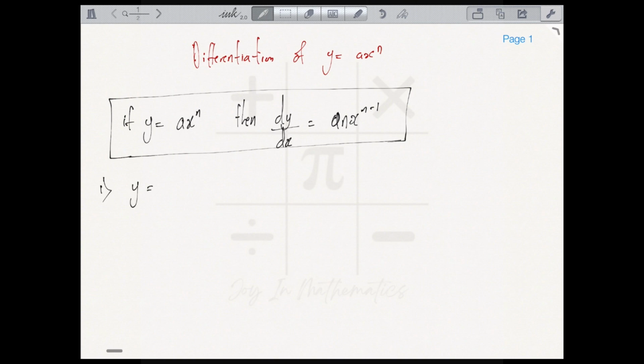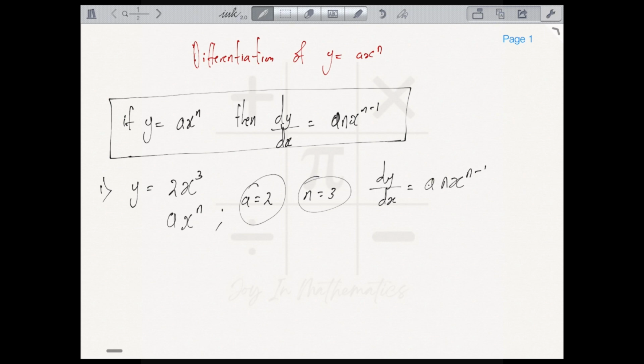Say we have y equals 2x raised to power 3. Comparing it to ax raised to power n, we can say that our a is equal to 2 and our n is equal to 3. Therefore, our dy/dx is equal to a n x raised to power n minus 1, where a is 2 and n is 3.